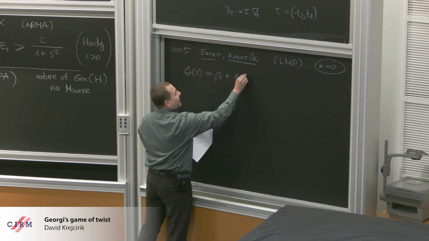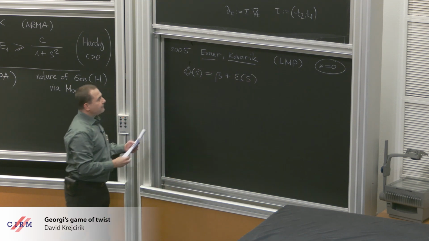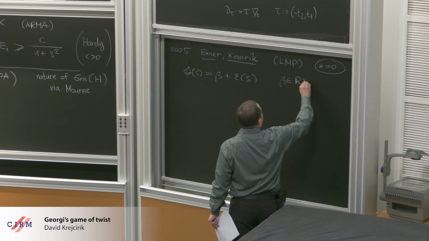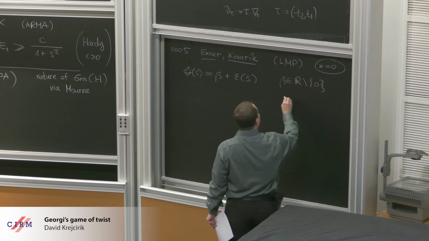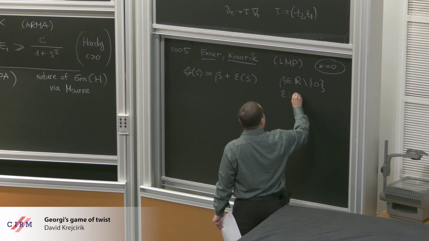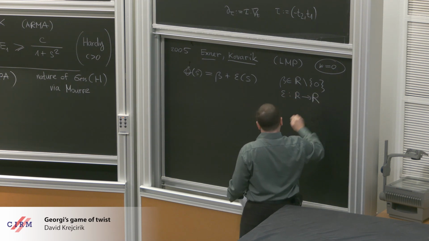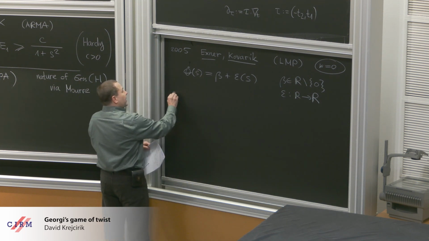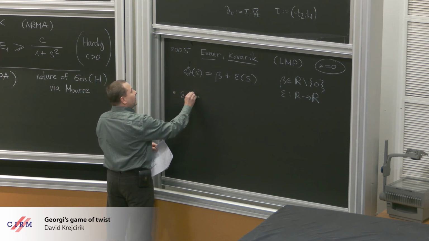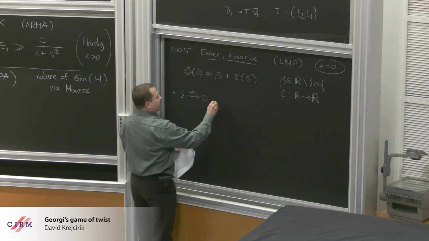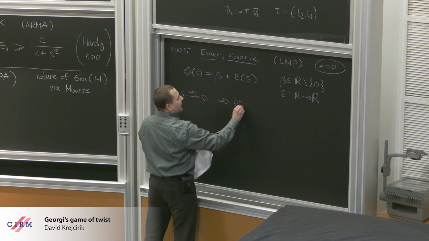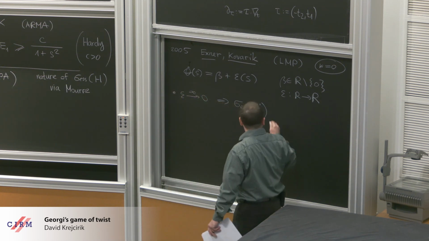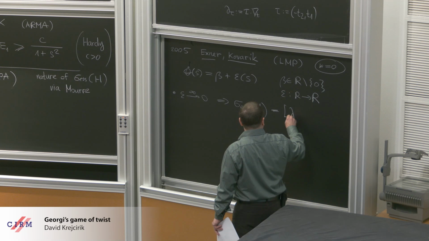Beta plus epsilon s. Beta is a constant, and epsilon is a function. And they assume that epsilon goes to 0 at infinity. Then they located the essential spectrum. It changes.